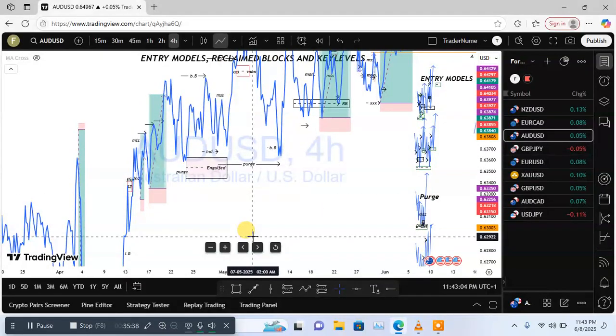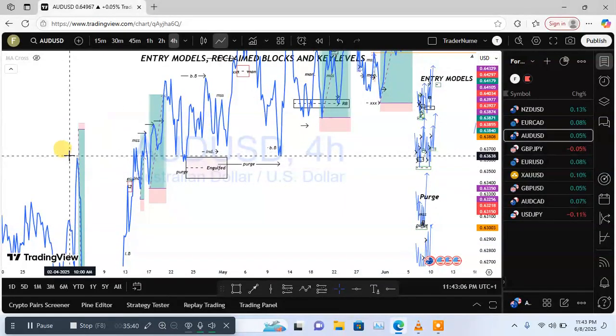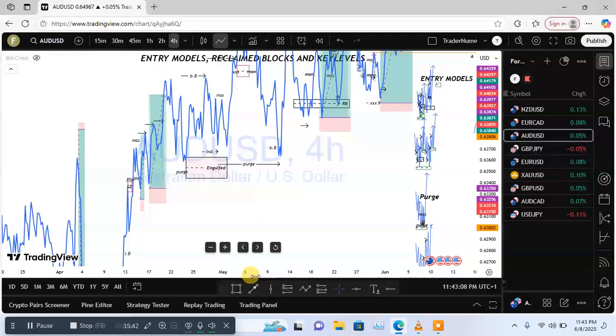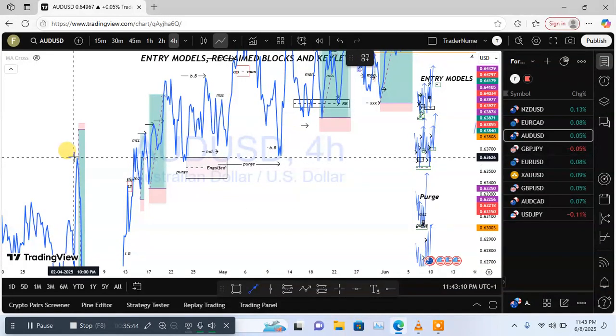Looking at this, let me start from here. This is an A shape key level.